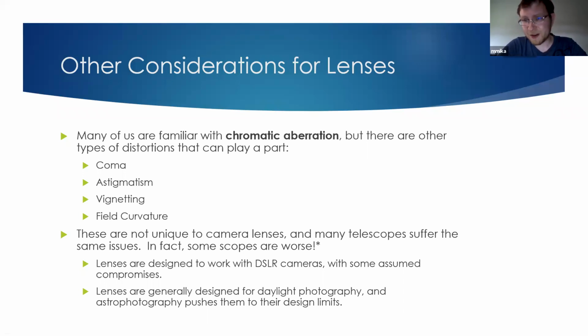Some are better than others. Some are much, much worse than others. Generally, the more expensive a lens, the better corrected it'll be. But again, lenses are designed for daytime photography, so they usually make compromises to work well at daytime photography type distances and focal lengths. They're not necessarily geared towards stars.